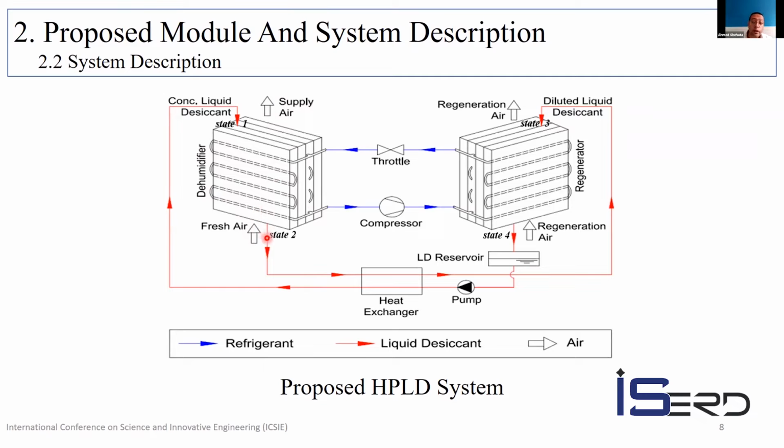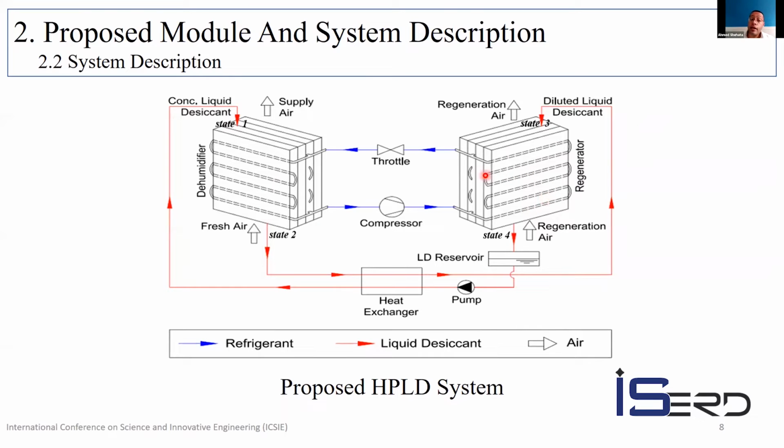And then when it comes out a bit diluted, it goes through the regeneration stage. In the regeneration stage, the solution releases the extracted water so that it becomes concentrated again. The difference between the two stages is that the liquid is cold in the dehumidifier and the liquid is hot in the regenerator, heated by the condenser coil.